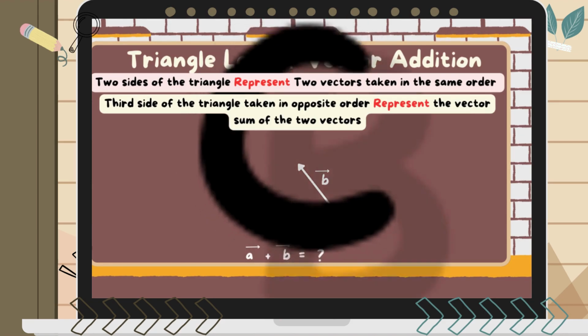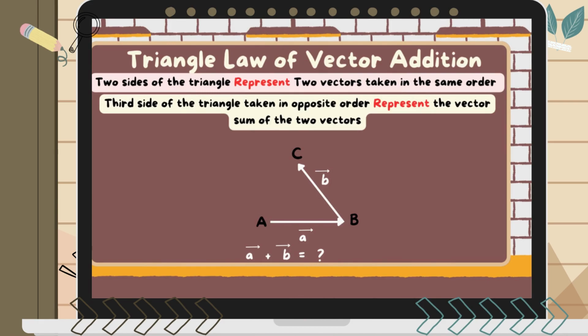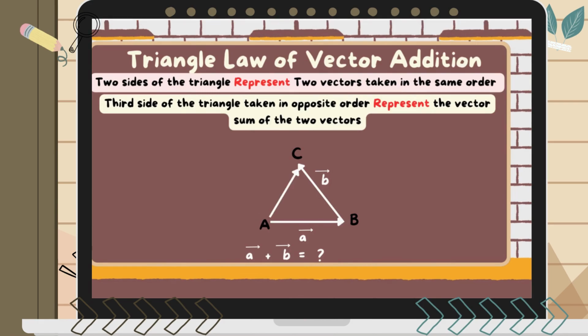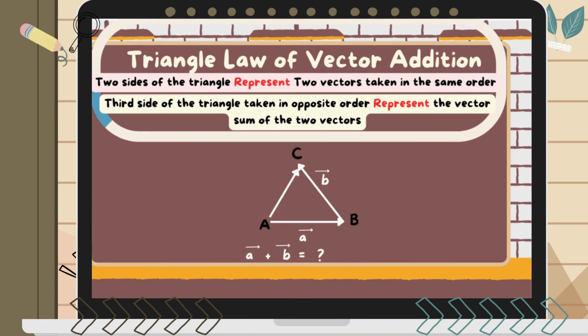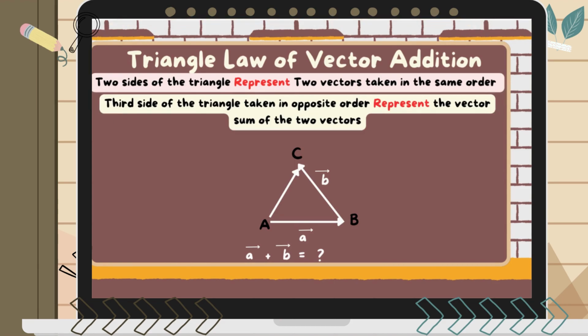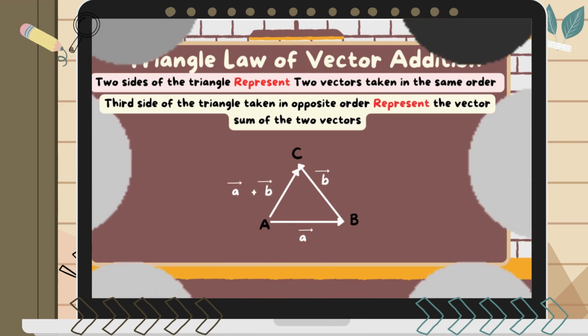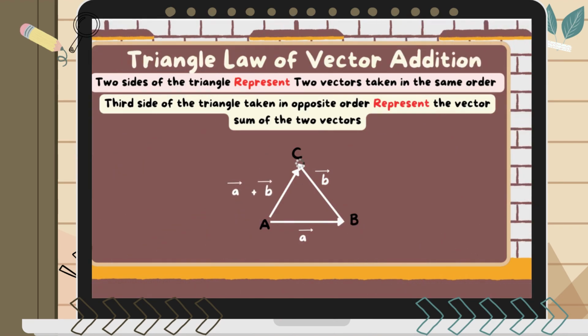Now notice that these three points A, B and C form a triangle. So according to the triangle law of vector addition, the vector sum of these two vectors will be the third side of the triangle ABC such that its initial point and that of vector A coincide, and its terminal point and that of vector B coincide. We write it as this.